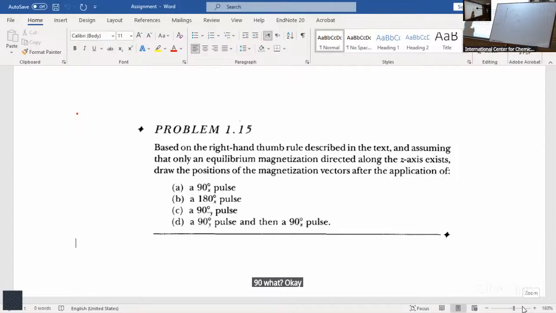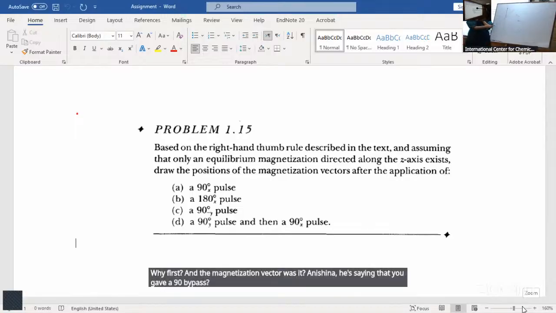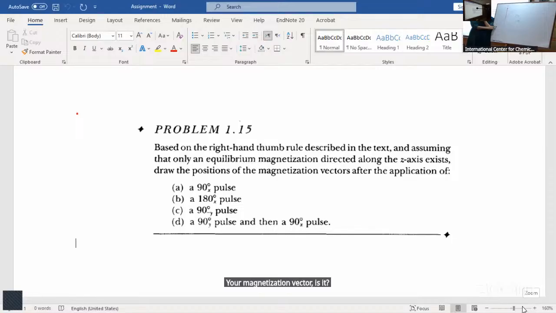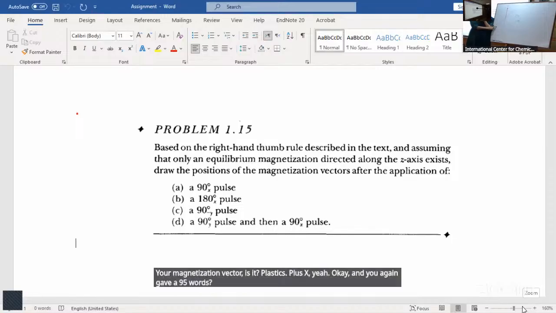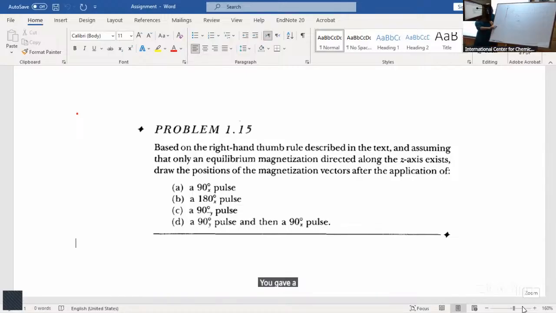Okay. Now his question is that you gave a 90Y pulse and the magnetization vector was at plus X. And you again gave a 90Y pulse. Where will it go? Minus Z. 90 plus 90 is 180.